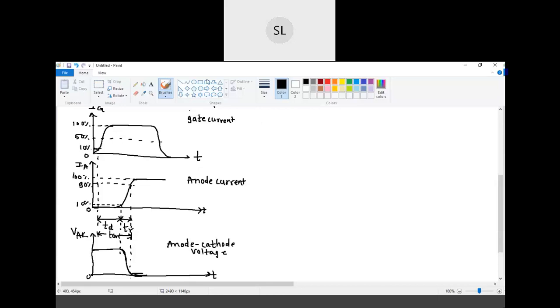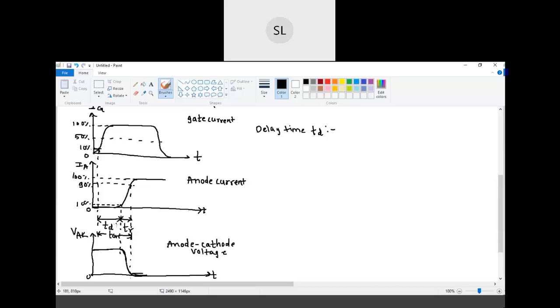Now here, the first thing is that we need to apply some gate current. The delay time is defined as TD. Delay time is nothing but the interval between the 10% point on the leading edge of the gate current or gate trigger pulse, and the time when the anode current reaches 10% of its maximum value.